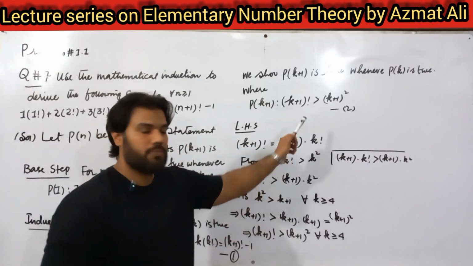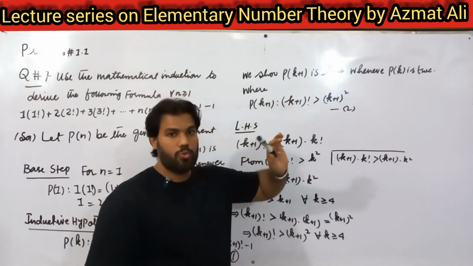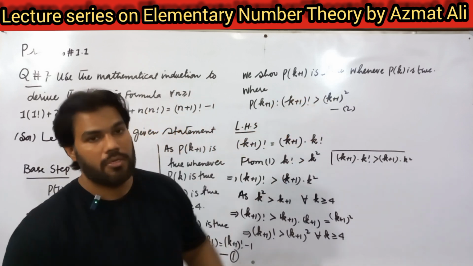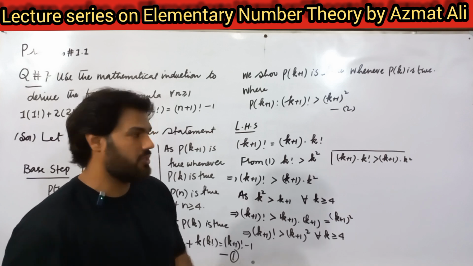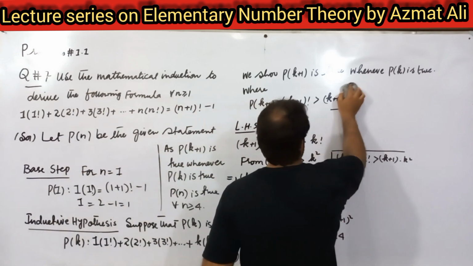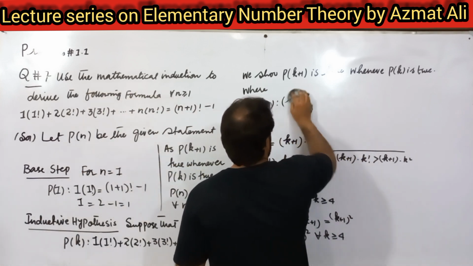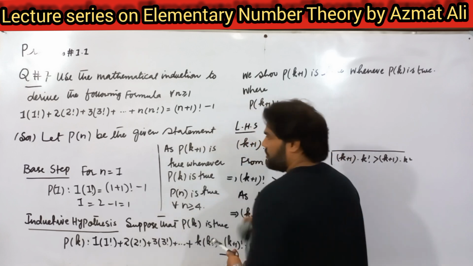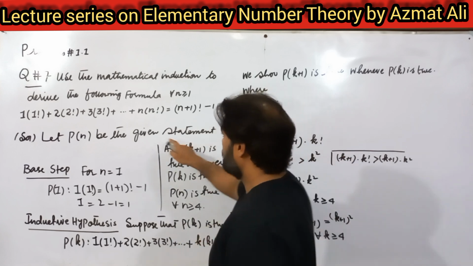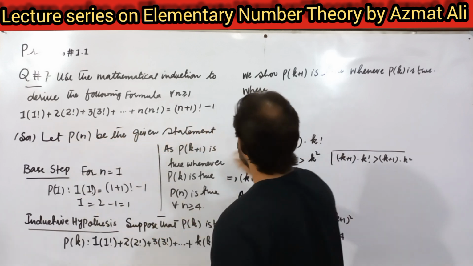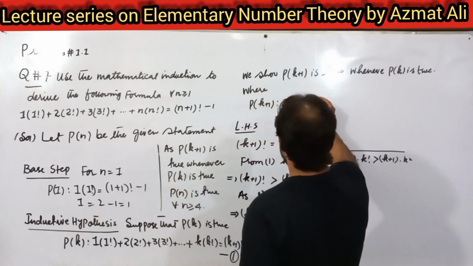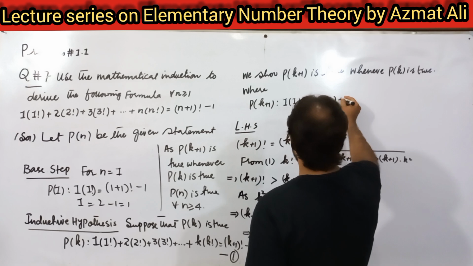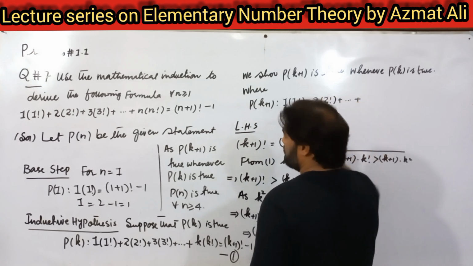We show that the statement for n is equal to k plus 1 is true whenever P(k) is true. What is the statement for n is equal to k plus 1? It is 1 into 1 factorial, 2 into 2 factorial, and so on.